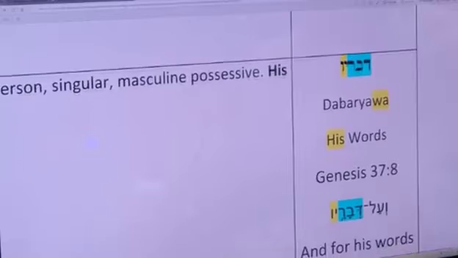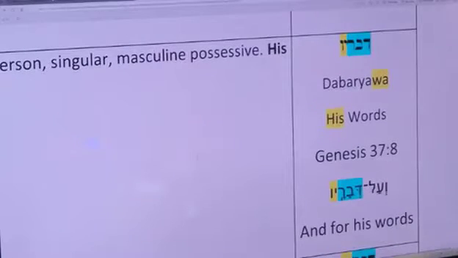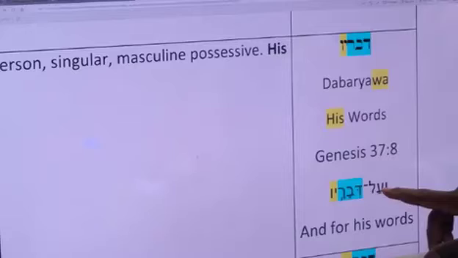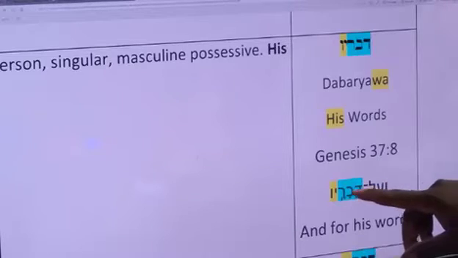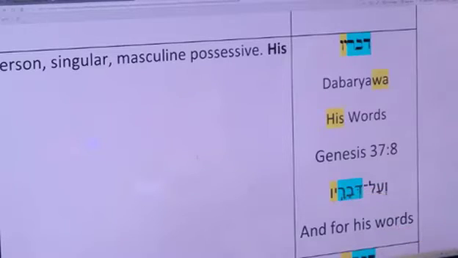Okay? You have an example from the book of Genesis, chapter 37, verse 8, which says, and for his words. Wa'il, and for, literally, il means upon or up, okay? But it says here, wa'il, and for, dabar yawa, his words.